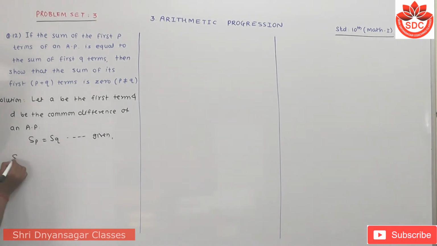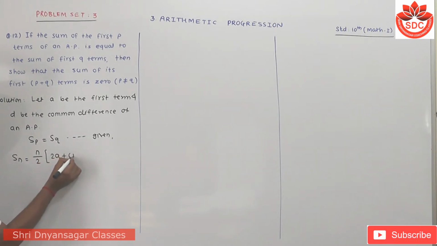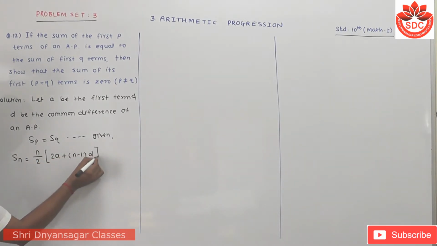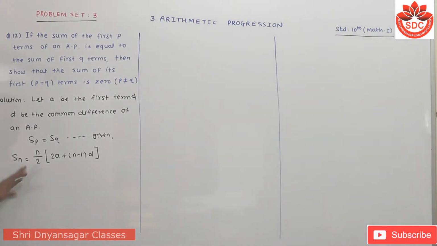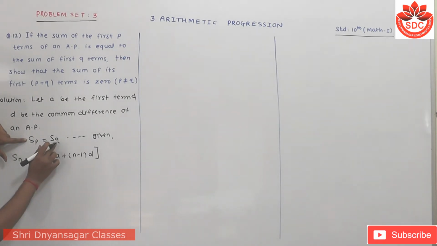We know that the formula for the sum of the terms is n upon 2 in bracket twice a plus n minus 1 into d. Student, we use this formula to find these sums here. So we have to put n as p and n for this as q.